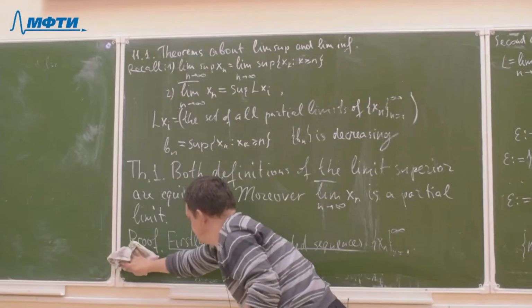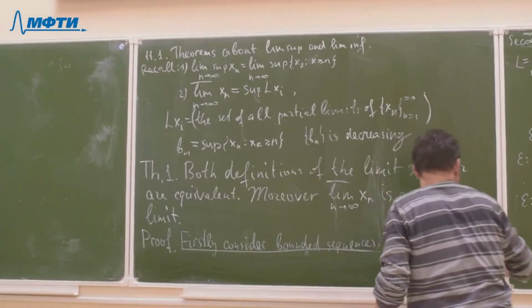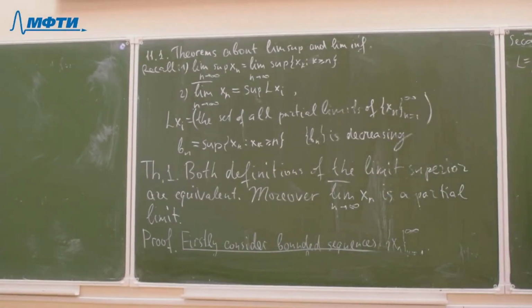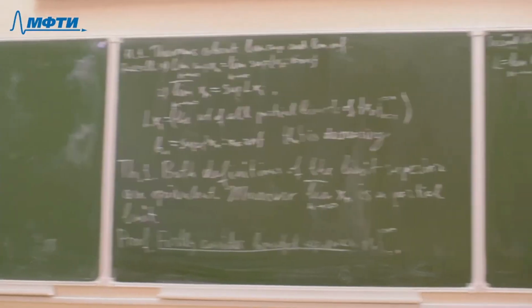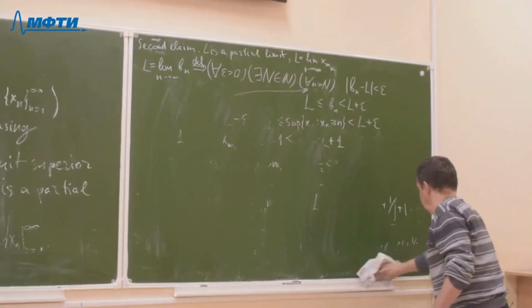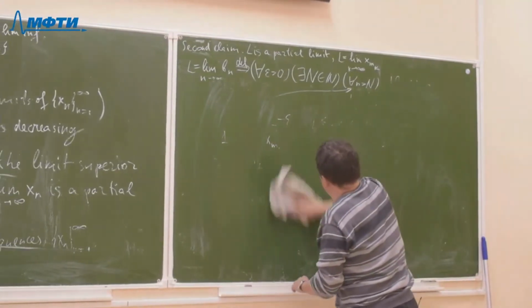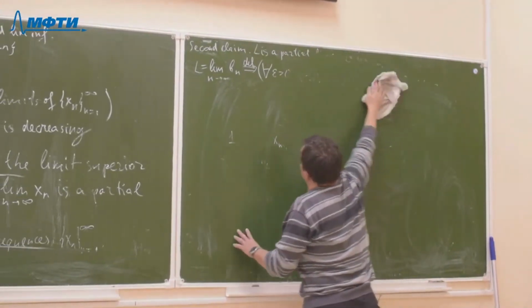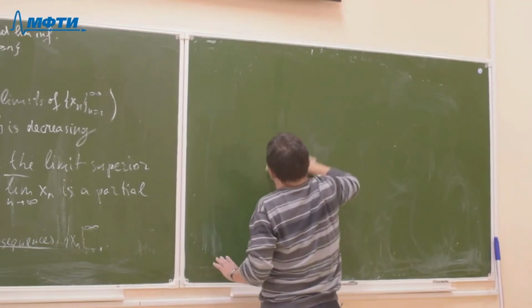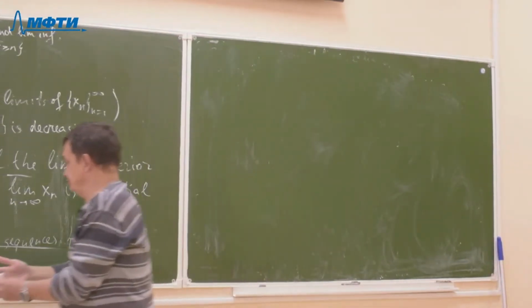So bounded sequences were considered. What else? Then, what about unbounded sequences?